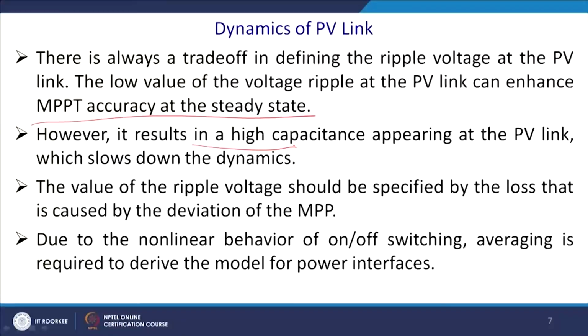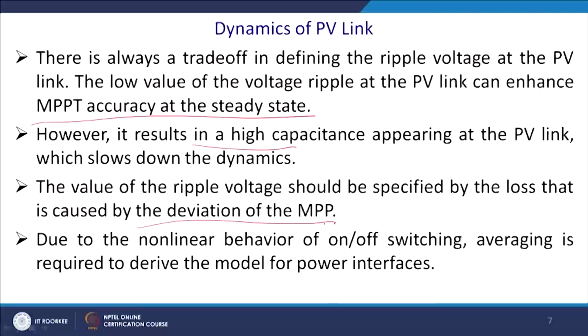That means if you want to track a change in irradiation condition, you require to change from one state to another, and the change will be slower if the capacitor value is high. So, the value of the ripple voltage should be specified by the loss caused by the deviations from the MPP.